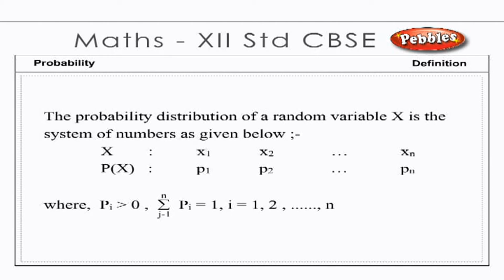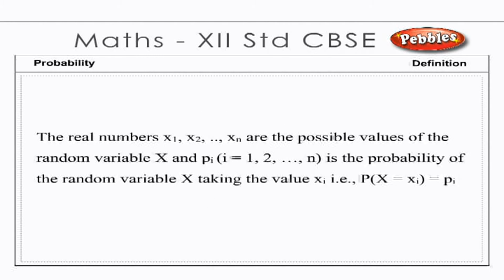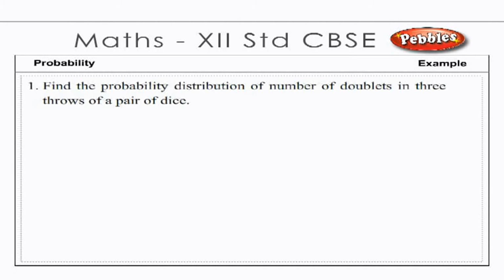The real numbers x1, x2 up to xn are the possible values of the random variable X, and pi, i equal to 1, 2 up to n, is the probability of the random variable X taking the value xi, that is, P of X equal to xi is equal to pi.